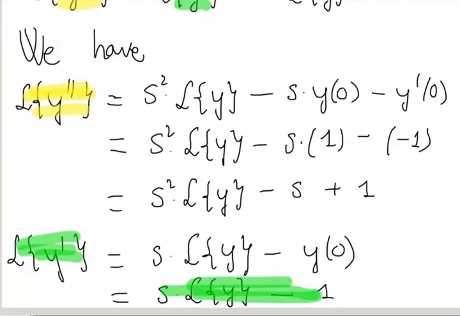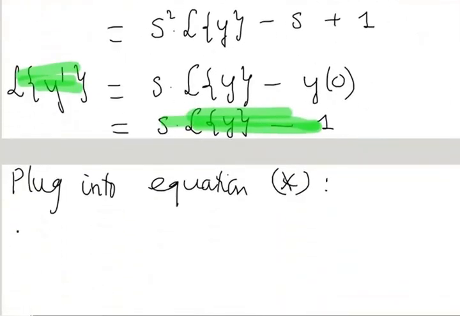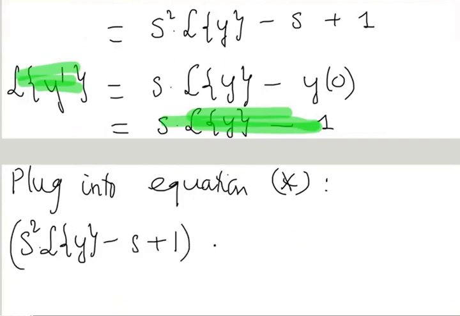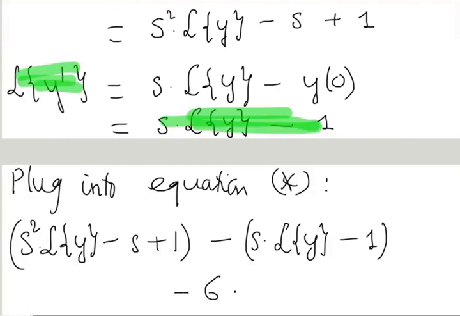And we do the algebra. We need to be careful with the algebra here. So for the Laplace transform of the second derivative, we have s squared times the Laplace transform of y minus s plus 1, and then minus the Laplace transform of the first derivative, which is s times L of y minus 1, and at the end we have minus 6 times the Laplace transform of y. On the right hand side we have 0.